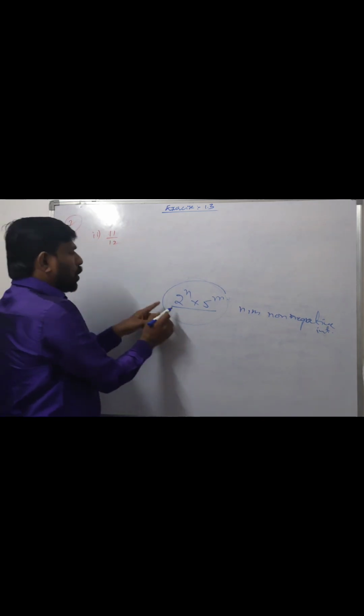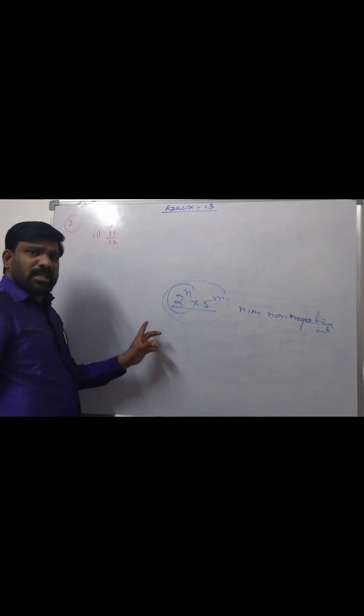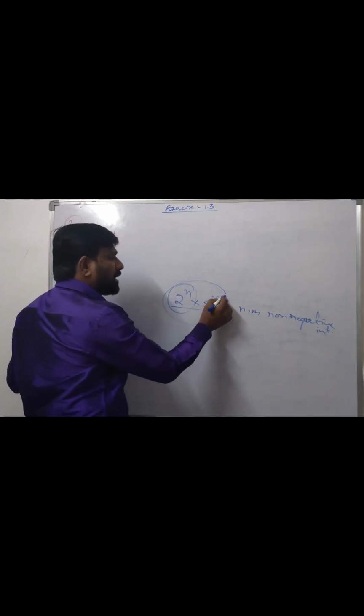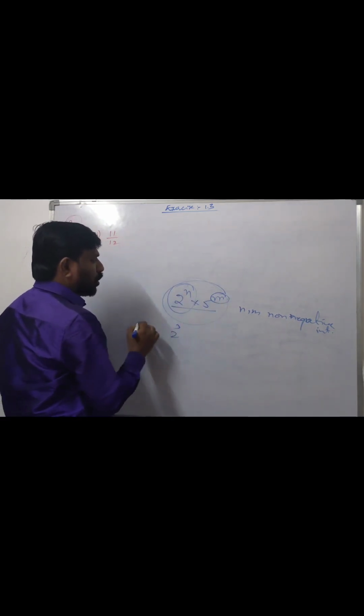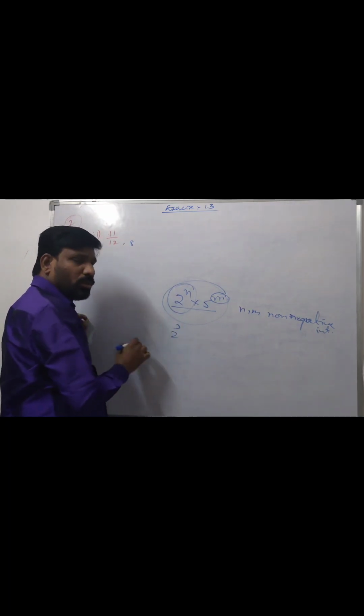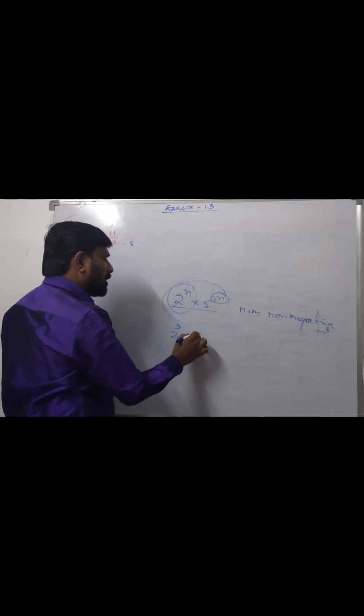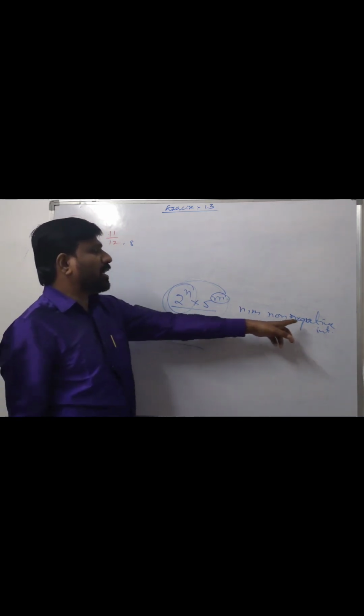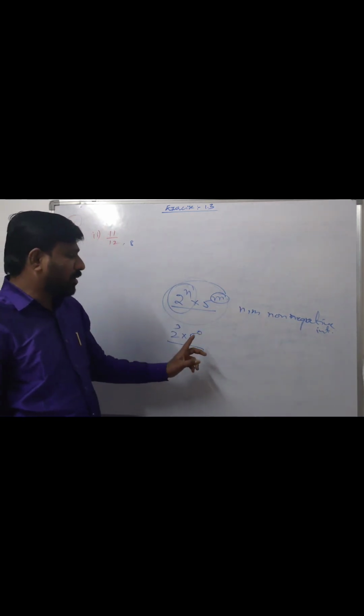If it contains only 2 to the power n also, we can say that it is a terminating decimal. Why? Because suppose 2 cube is there, suppose 8 is there, it can be written as only 2 cube. But 5 power m can be written as 5 power 0, no? Because m and n are non-negative integers, it may be 0.